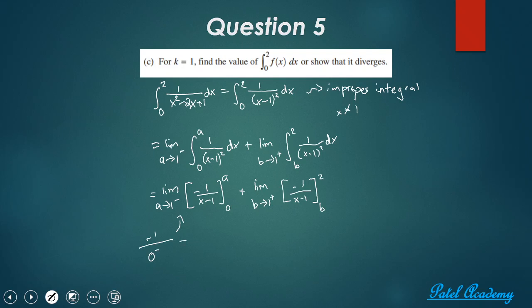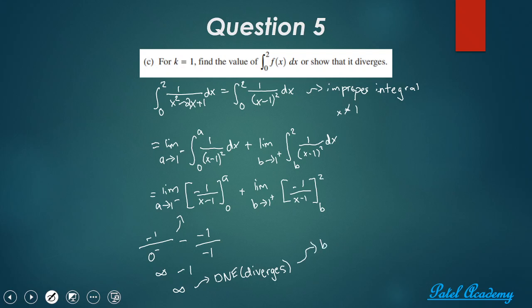And then minus negative 1 over, when I plug in 0, I get negative 1. But what happens when I get negative 1 divided by 0 from the negative side? I just get positive infinity, minus 1. So I get infinity. So if an integral has the value infinity, it does not exist, or it diverges.